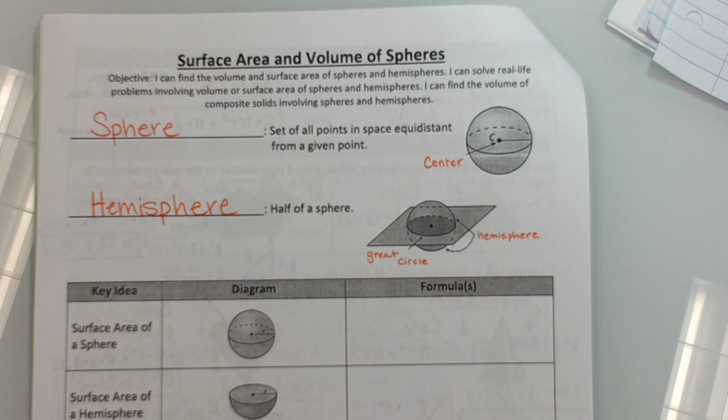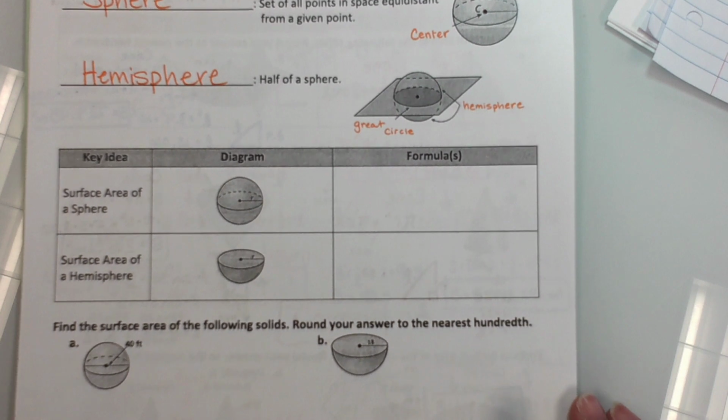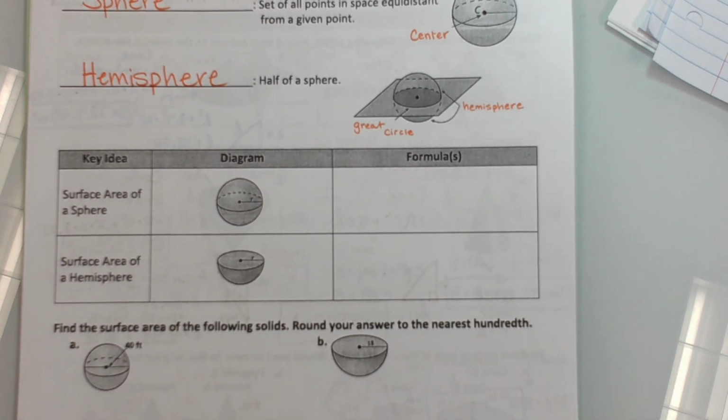But if you go through the center of the sphere, it's the great circle. That great circle gives us a lot of information about our spheres and hemispheres, because the great circle is where we look to find the radius of the sphere. The radius of the sphere is the radius of the great circle.